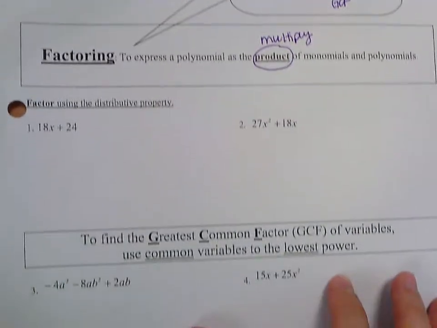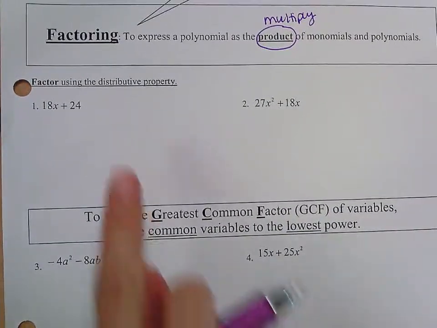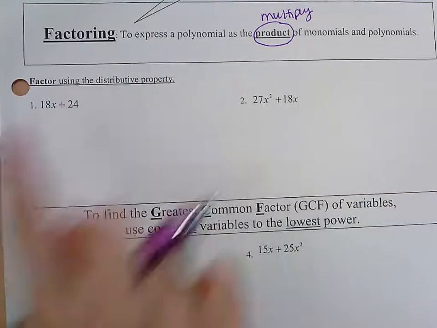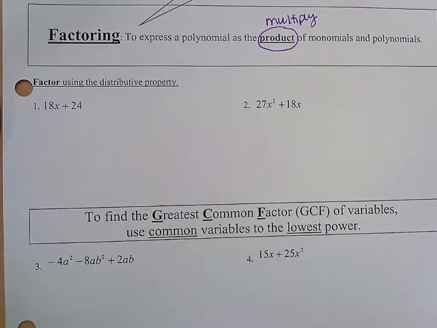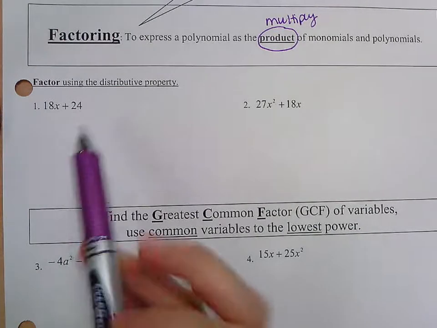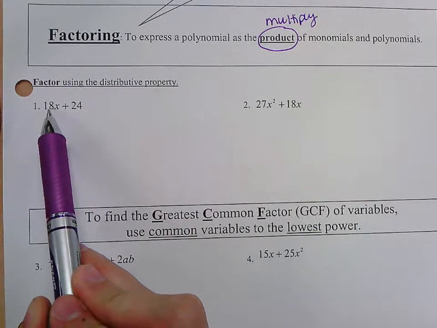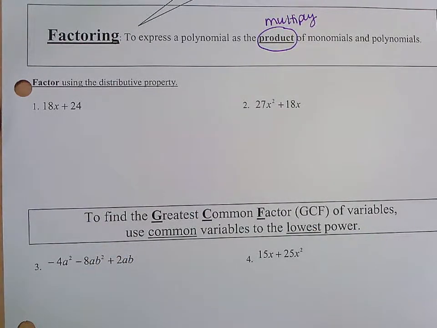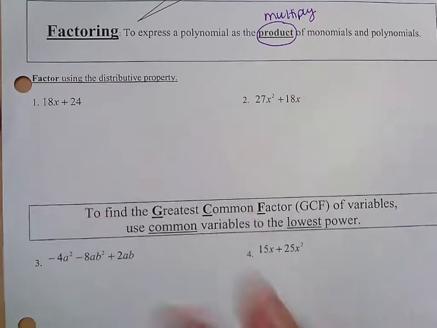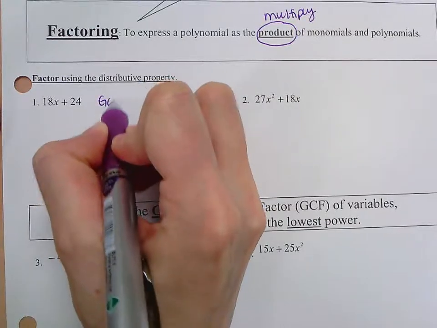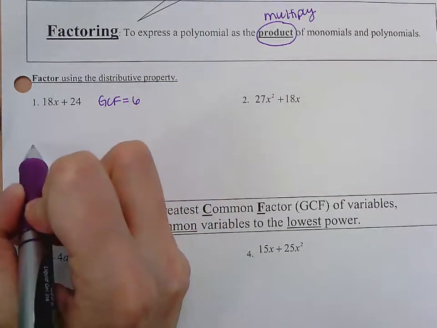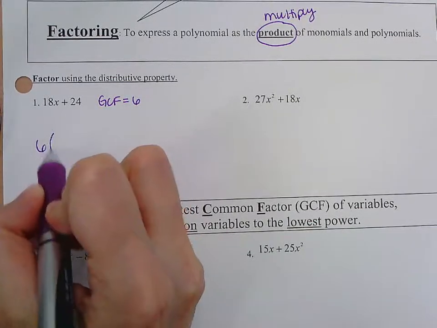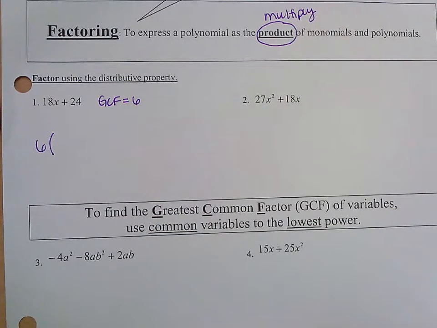Okay, so let's look at some other examples here. If we look at example 1, it says factor using the distributive property. We have 18x and we have 24. What is the greatest common factor of 18 and 24? Andrew? 6. So GCF is 6. So then when I write my answer, I put 6 in front and then parentheses.